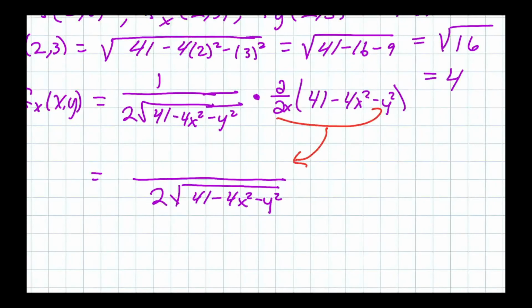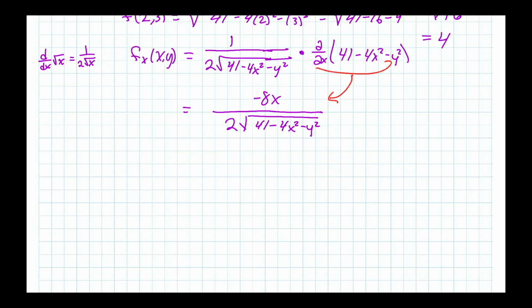We're taking the derivative with respect to x. What's the derivative with respect to x of 41? 0. What's the derivative with respect to x of negative 4x squared? It's negative 8x. What's the derivative with respect to x of y squared? 0, because that's a constant as far as this derivative is concerned.